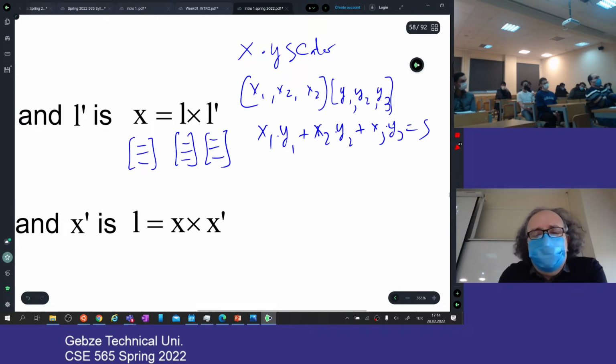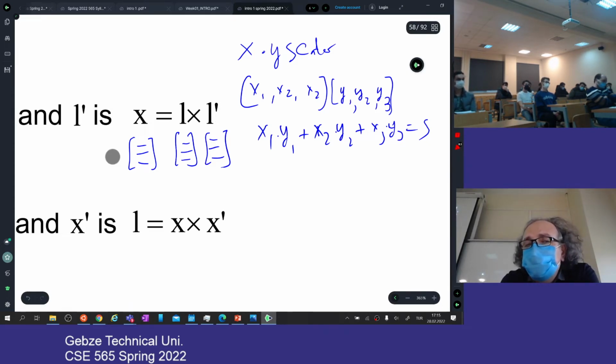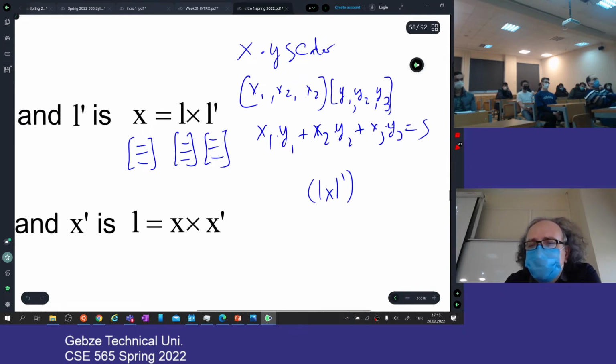Let's think about it. Three-dimensional vector, line vector, three-dimensional vector, line vector. I get another three-dimensional thing. What kind of thing is this? Let's say L and L prime. I get a three-dimensional vector out of it.